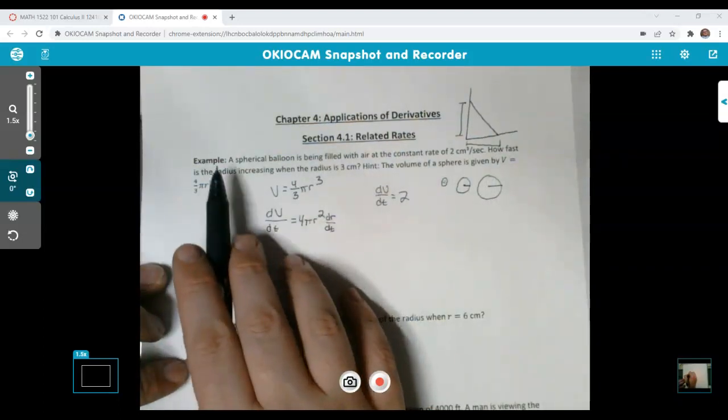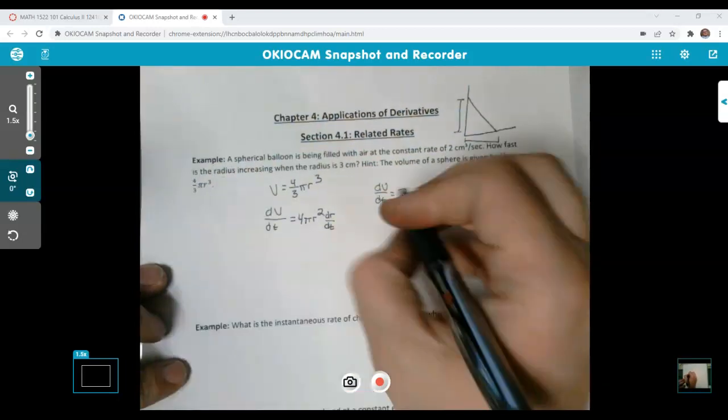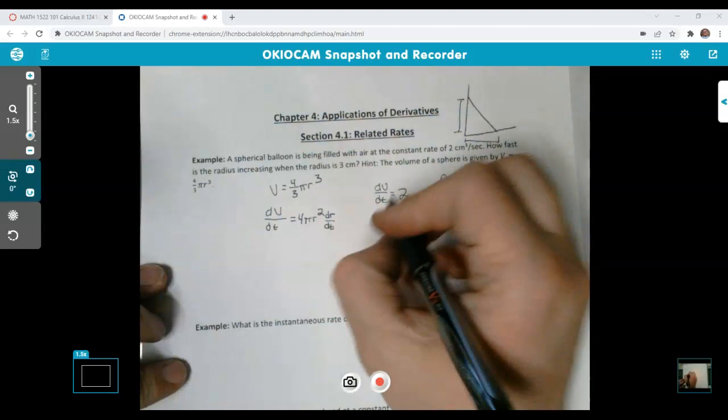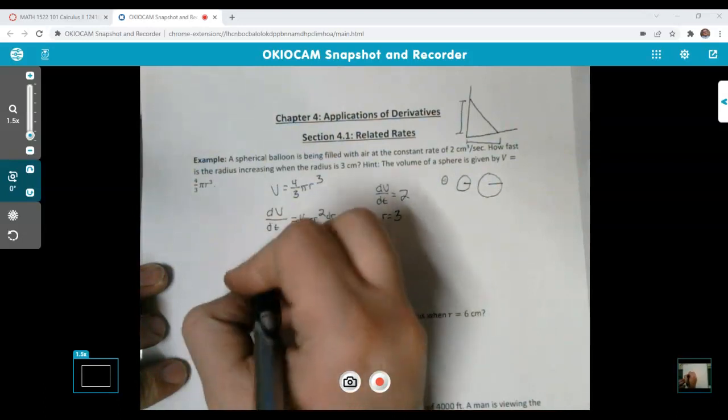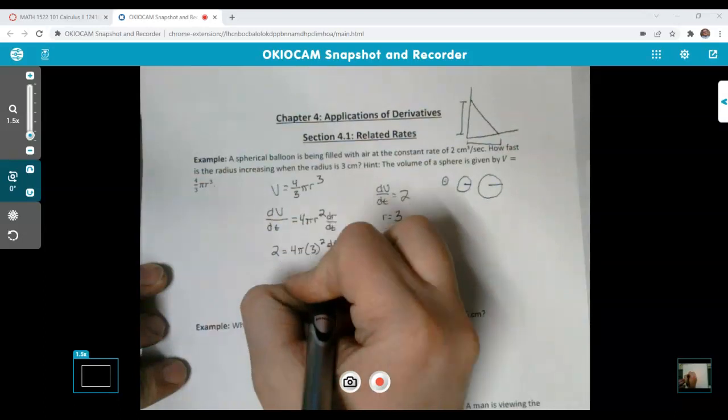So they want dr/dt when r is equal to 3. So now I know r is equal to 3, and I can plug in everything that I know. dV/dt, which is 2, equals 4 pi, and I know r is 3, times dr/dt. So now I just have to solve this for dr/dt.